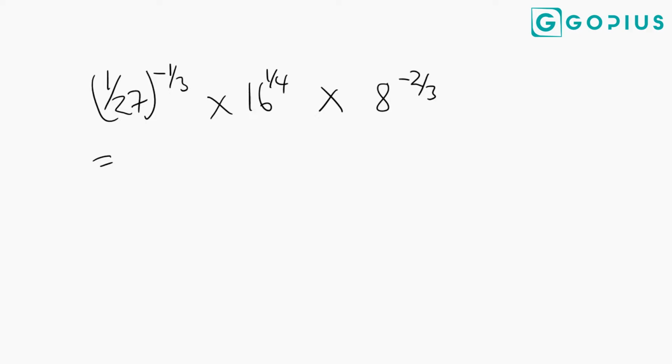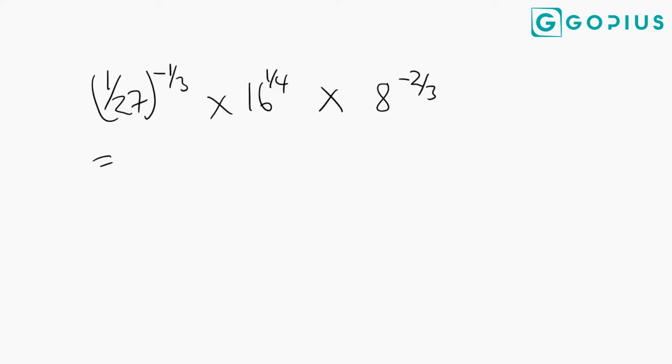You can observe here with me that negative 1 over 3 is the power for 1 over 27. So that power affects only that first number, 1 over 27. And I have noted earlier that anytime a number is raised to a negative power, the negative sign is used to take the inverse of that number.